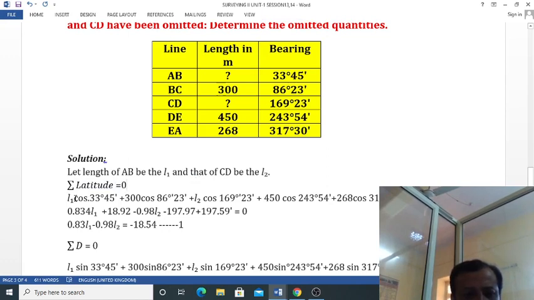Now, how do you find this latitude? The formula for finding latitude is L cos theta.